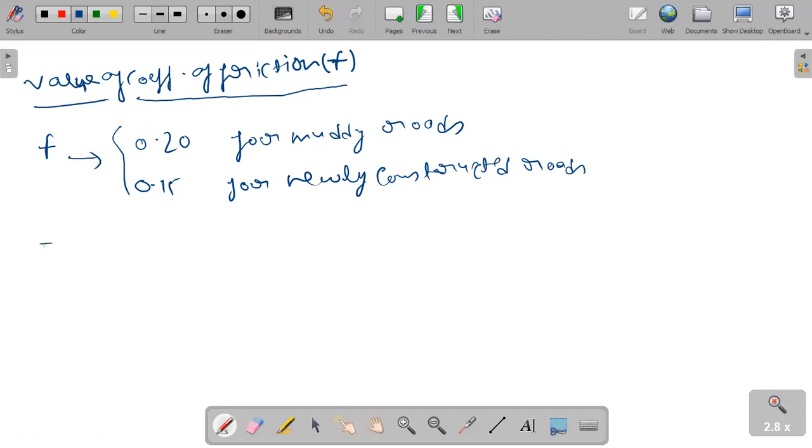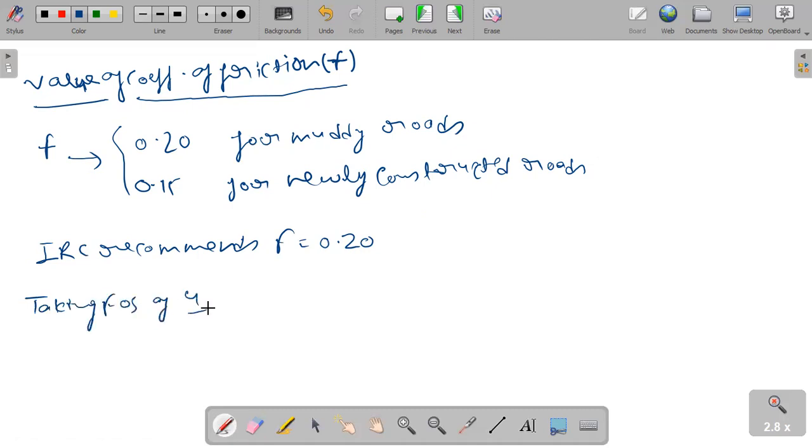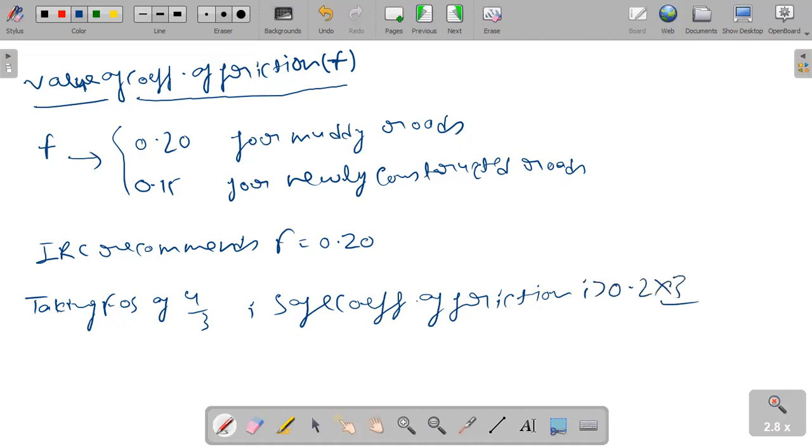So IRC recommends f equal to 0.2, and by taking a factor of safety of 4/3, we get a safe coefficient of friction, 0.2 into 3/4, which is 0.15.